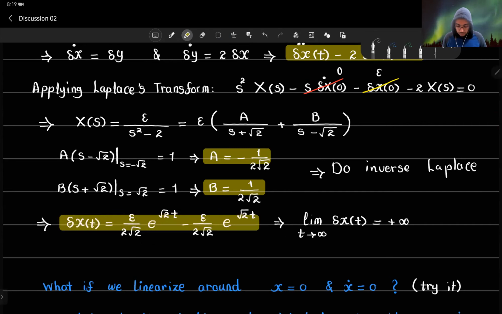I think there's a minus sign. There's a minus sign.